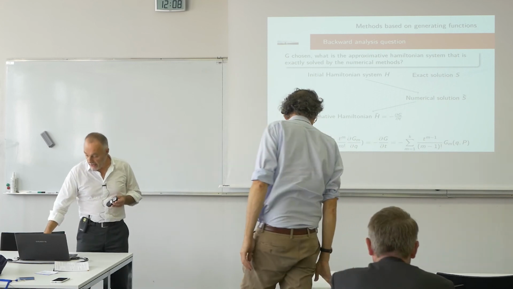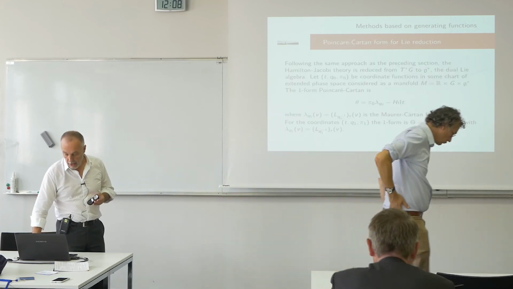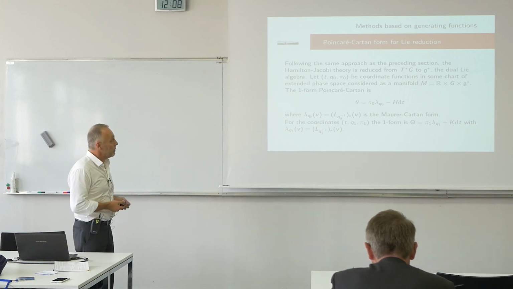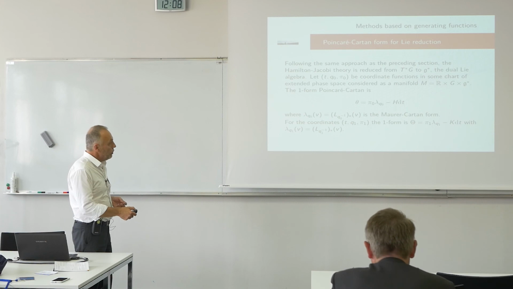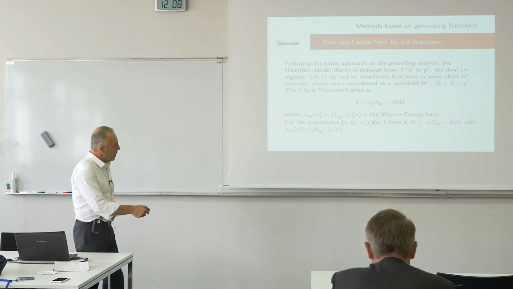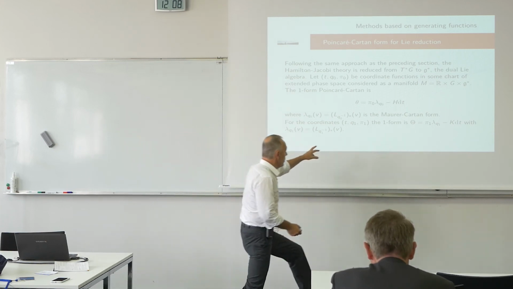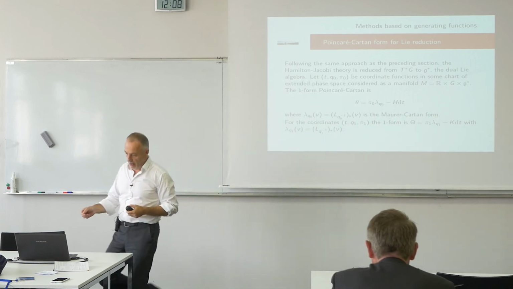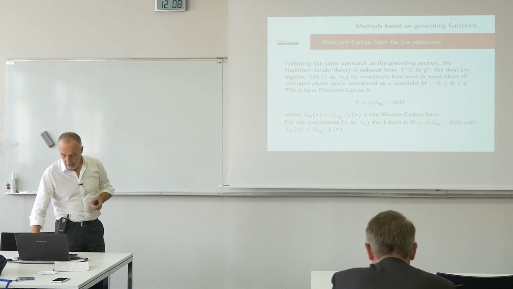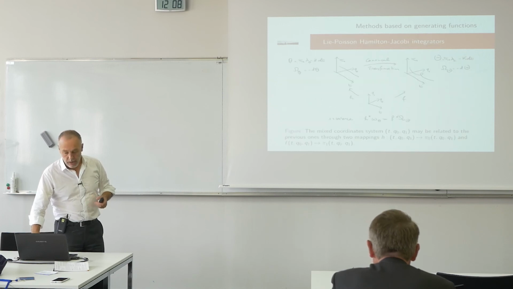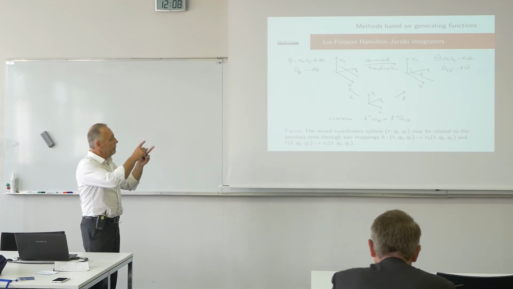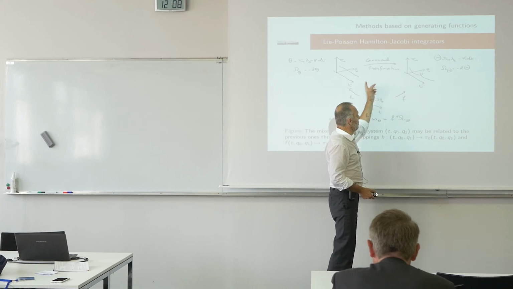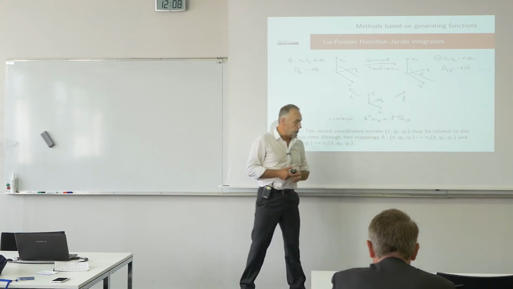We can do exactly the same thing using the Poincaré-Cartan equations. Now we have to do some more work using the Poincaré-Cartan forms in the Lie group context. That means we have to do exactly the same thing and compute the invariance between a change of coordinates to compute a canonical transformation.